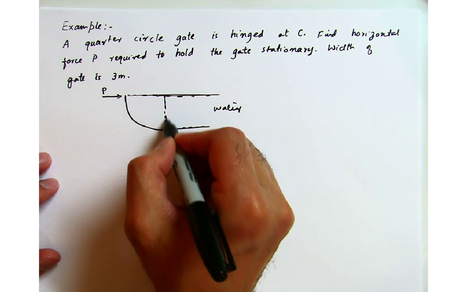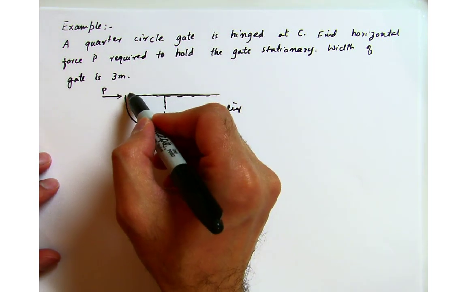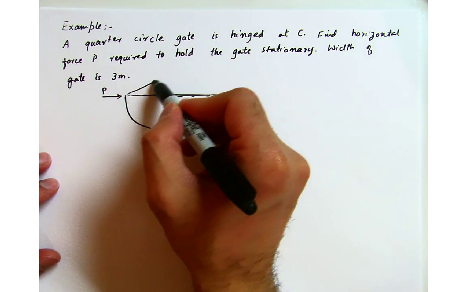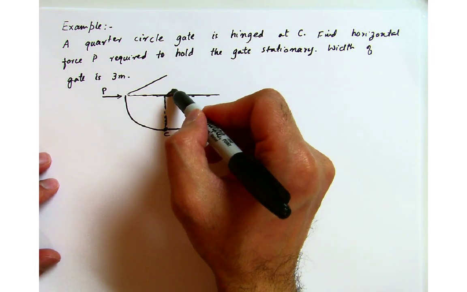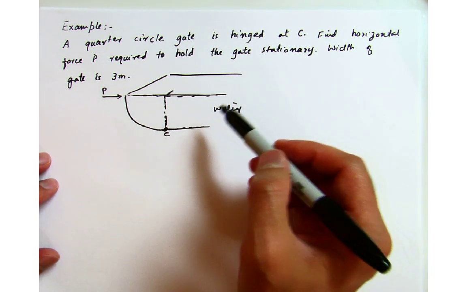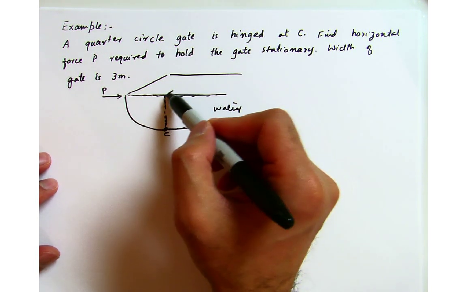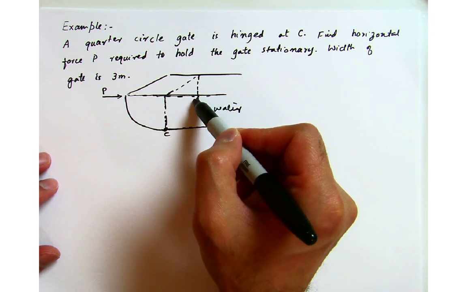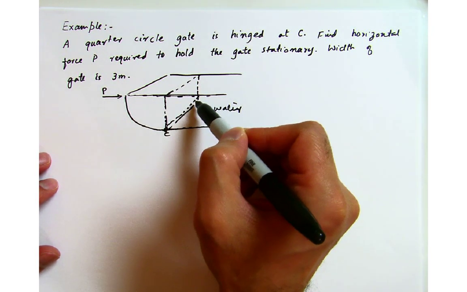If this is the section, it has a width of 3. Okay, so that's what the fluid looks like, and this is the cross-sectional area that I am concerned with.